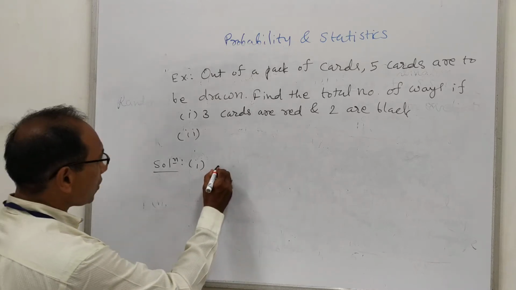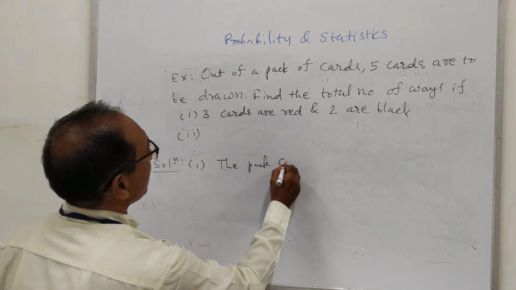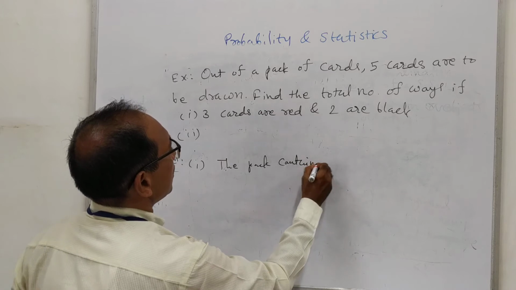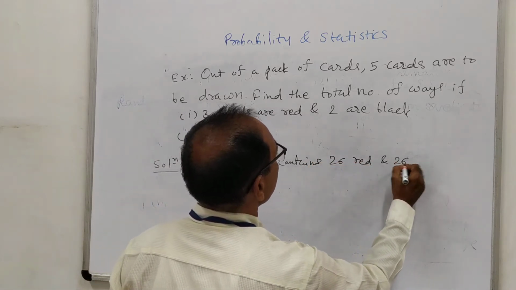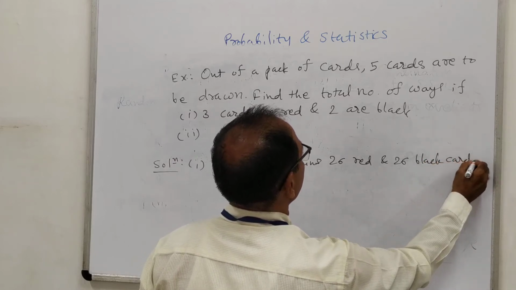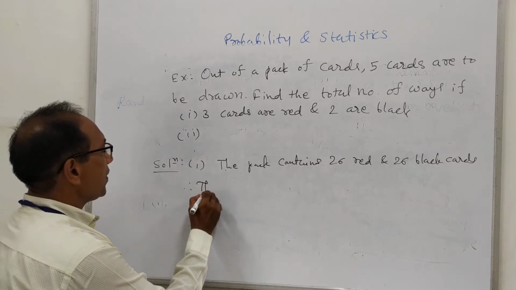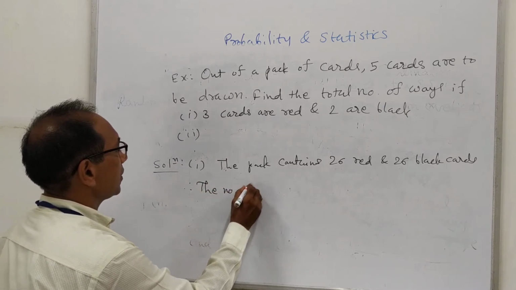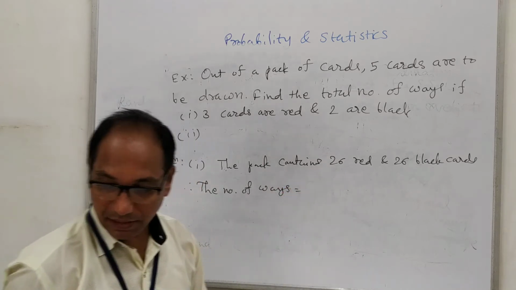So you must write here that the pack contains 26 red and 26 black cards. Therefore the number of ways equals 26.